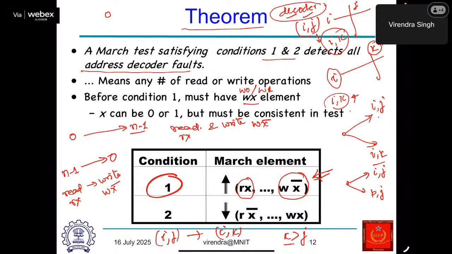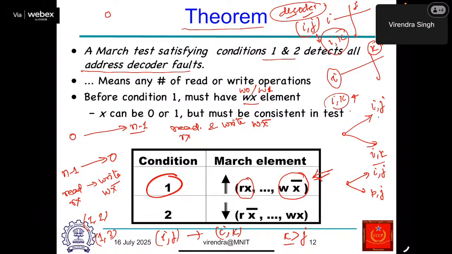Say, for example, ij is 1 1 and ik is 1 3. That means whenever I was accessing 1 1, I have written to 1 3. And when I go to 1 3, I will find a different value written over there, and hence I can capture that particular fault.